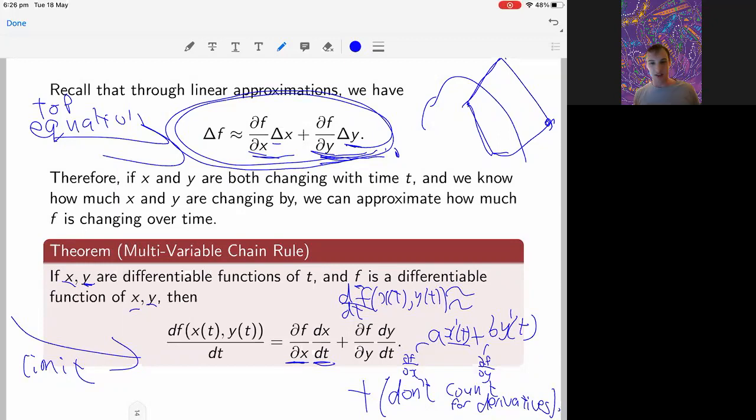Oh, okay, another question: but x and y have directions and are orthogonal to each other, so the sum is a vector with direction. No, because at this point, this component here, the change in x, that's not a vector. That's just some number that describes how much I'm changing x by. I don't actually need to talk about directions just yet.